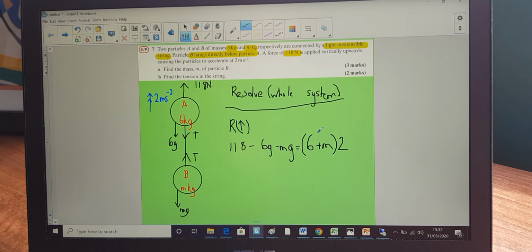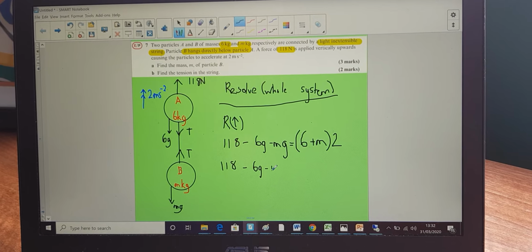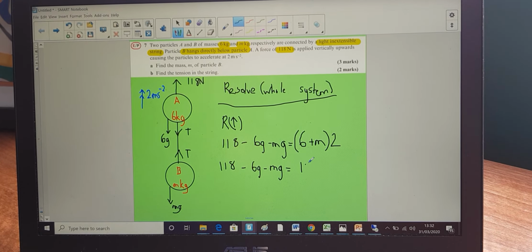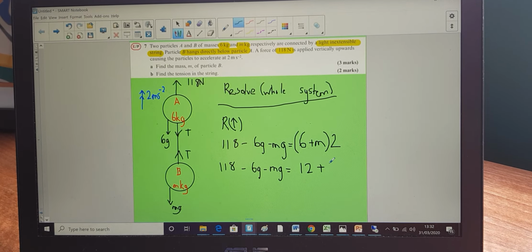This is looking good, because the only unknown I have here is m. So if I expand this bracket, 118 minus 6g minus mg equals 12 plus 2m.